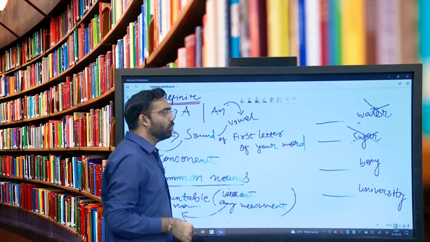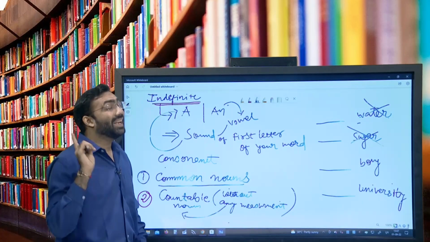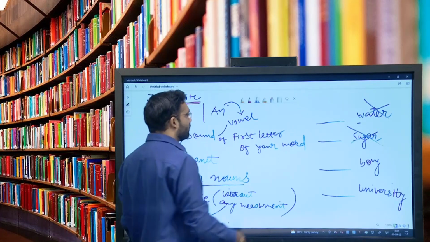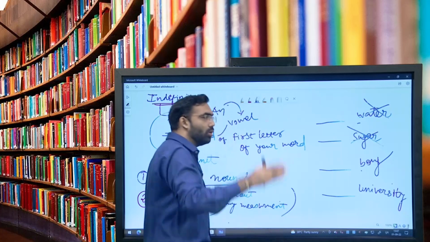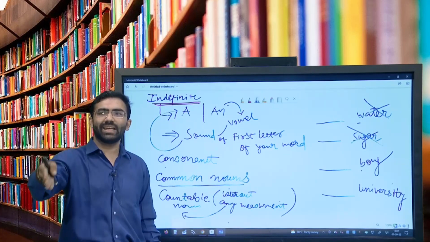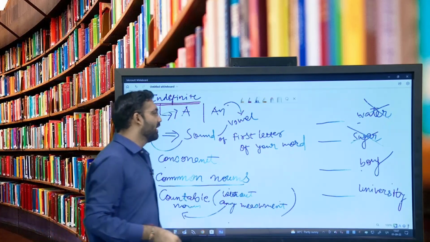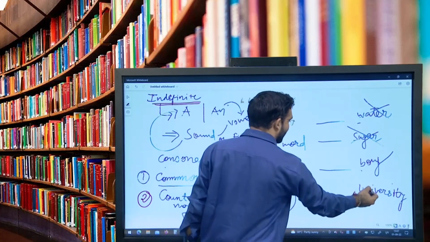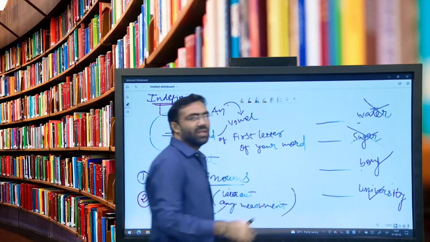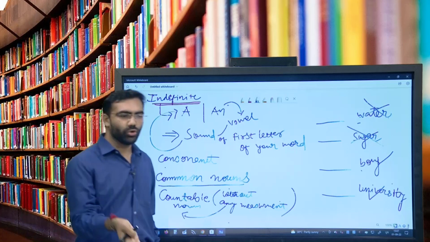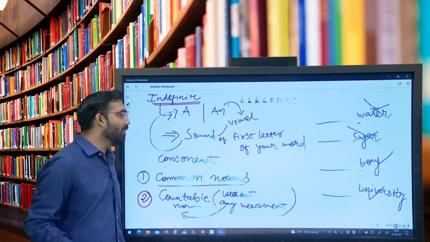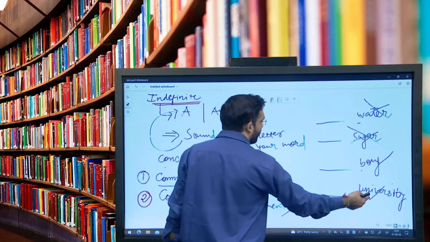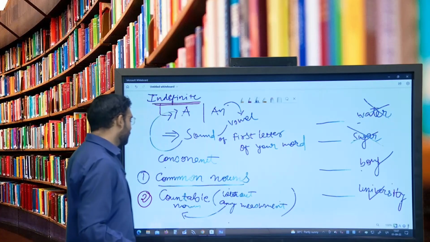Here again you would not use the indefinite article. Boy? Yes, without any measurement you can count 1 boy, 2 boys, 3 boys, 4 boys. And university? Yes, definitely. 1 university, 2 universities of Gujarat, 3 universities in India. So, you can count them without any measurement.